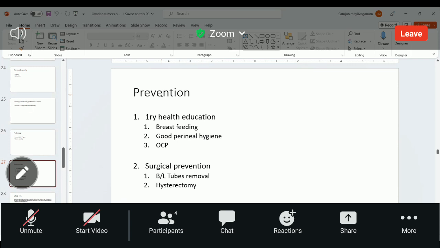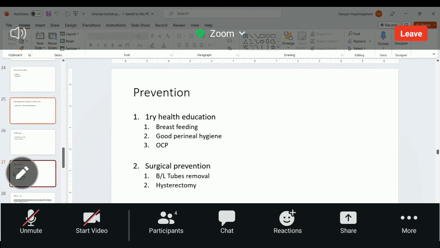Why are we removing the tubes? Recent studies tell us that ovarian tumors arise from the fallopian tube. So we are removing the tubes, or we can go for hysterectomy. That also prevents according to the study. We usually do that if the BRCA1 or BRCA2 gene is positive, because there is a high chance of development of cancer. So that is surgical prevention.